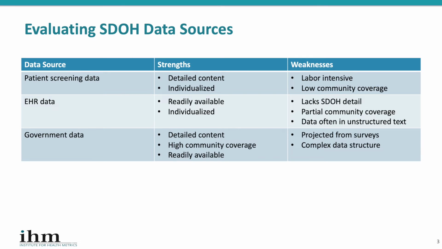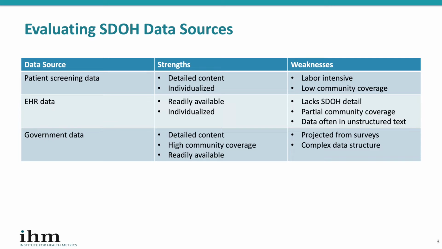Now, one of the key issues around evaluating populations for social determinants of health and needs is using data to do that. And there are many different ways that hospitals and other health organizations can do this. But I'd like to outline a few here on this slide.